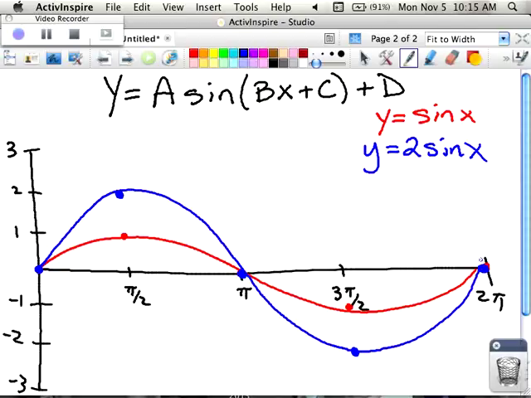It stretches vertically. Okay, let's use some words that I've already talked about. A is 2. I like that. Amplitude changes. It's 2. Okay, so the letter A has been changed. It is the amplitude that is changing.